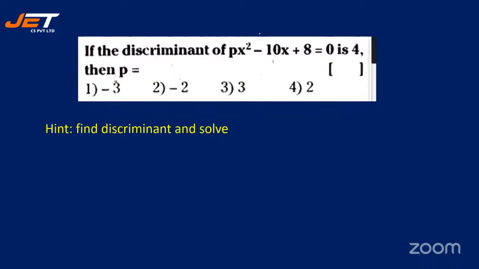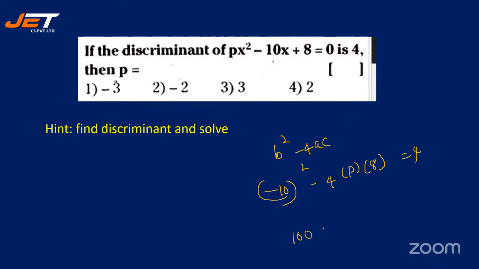If the discriminant of 3x square minus 10x plus 8p is 0 is 4, then what is p? Okay, you just have to find the discriminant b square minus 4ac. So they say that if the discriminant is 4, means what? Find the discriminant b square minus 4ac. So minus 10 square minus 4 into 3 into 8p is 4.